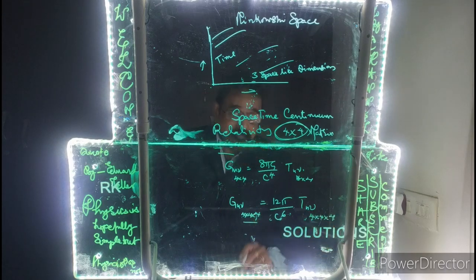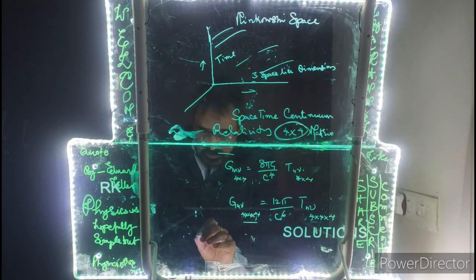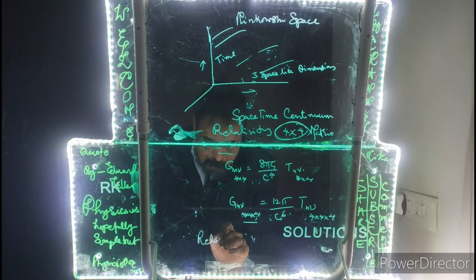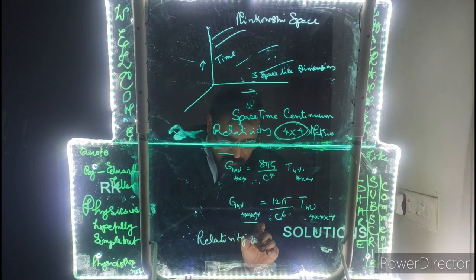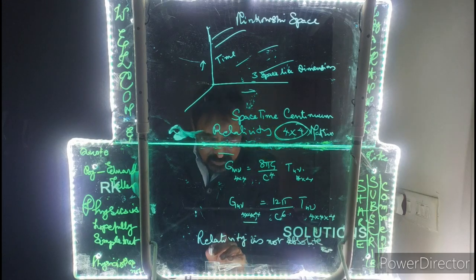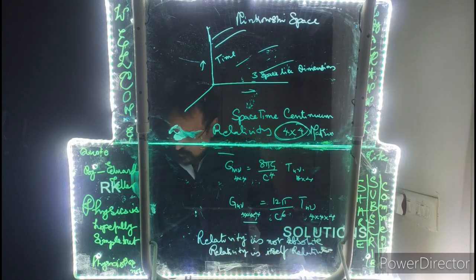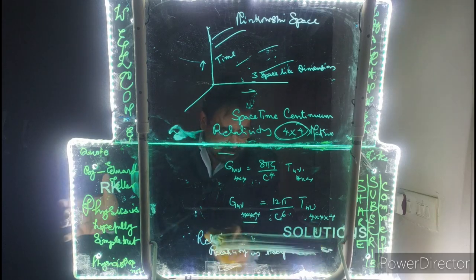Then there will be another meaning. The literal meaning of this is that relativity is not absolute. Relativity is itself, meaning, I'll show you in the next diagram.